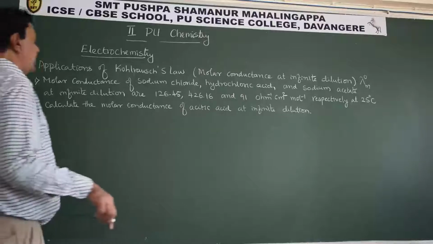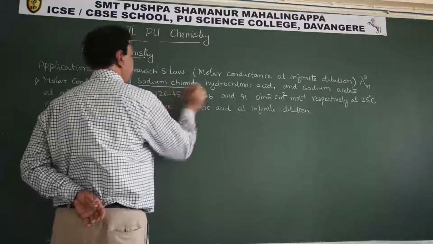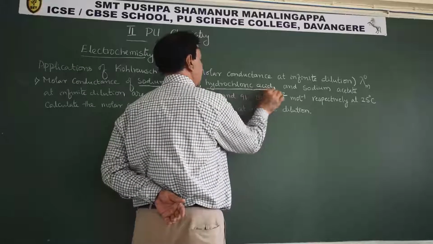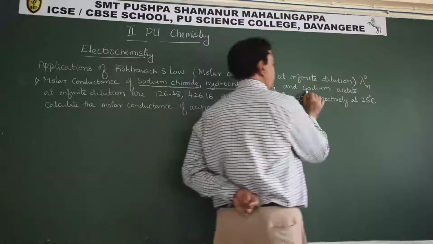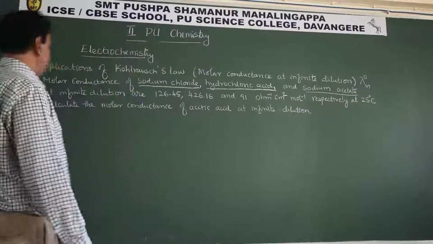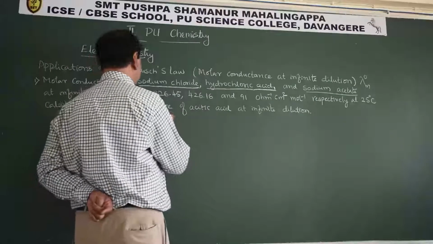Here in the problem, they mentioned the molar conductance values of sodium chloride, hydrochloric acid, and sodium acetate, and they are asking about the molar conductance of acetic acid.